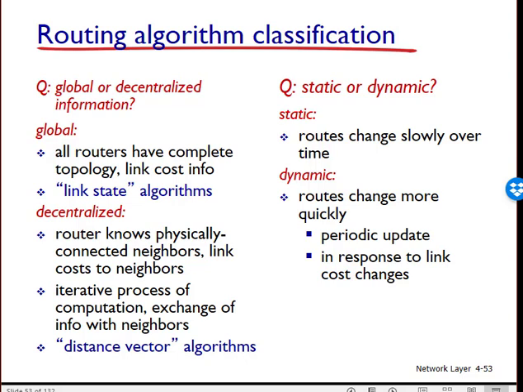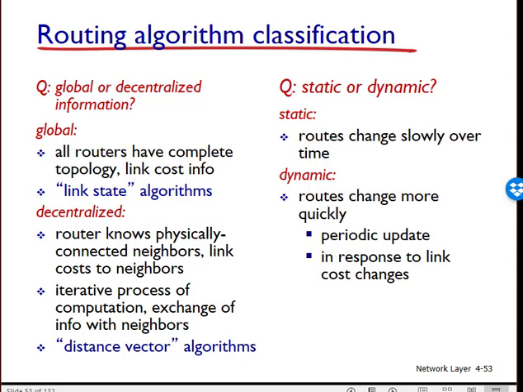A second broad way to classify routing algorithms is according to whether they are static or dynamic. In static routing algorithms, routes change very slowly over time, often by human intervention, such as a human manually editing a router's forwarding table.